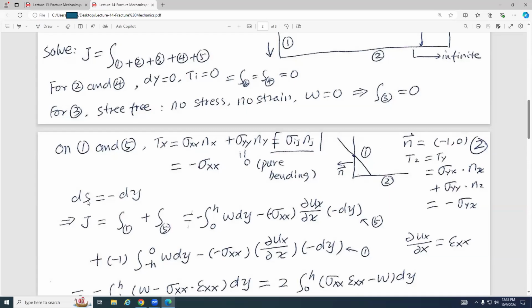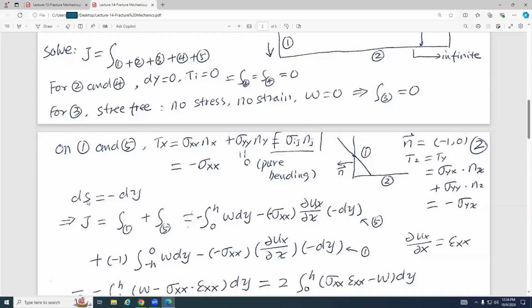Now you get so much, you are confused, I think. What is the arc? This is the arc, this is the ds. But if I straighten this arc this way, then ds equals dy.